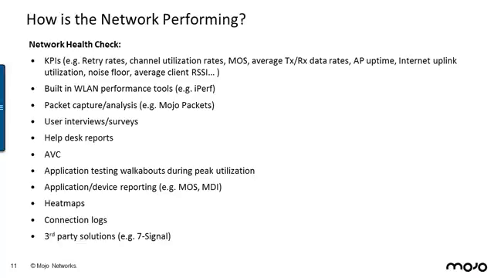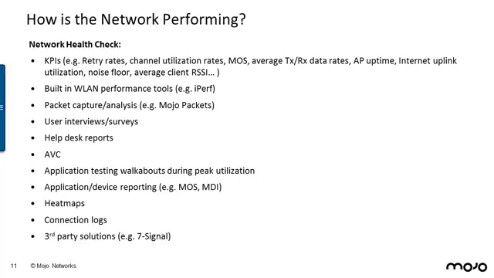If you try to run, say, video streaming or video conferencing or voice on mobile devices when it's peak time in the area of the network which has the highest utilization, that can be very helpful to see. It's a good way to find out if you have enough capacity there in terms of spectrum, channel capacity, and so on. Application device reporting.